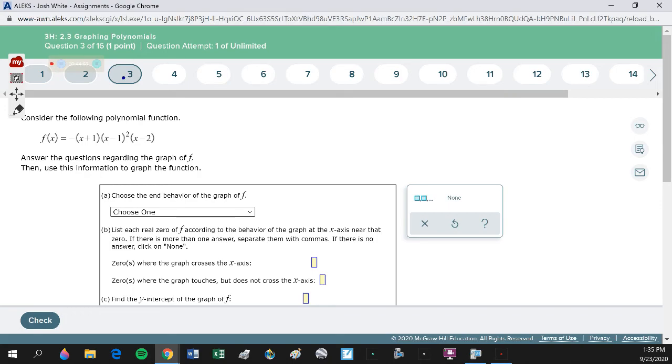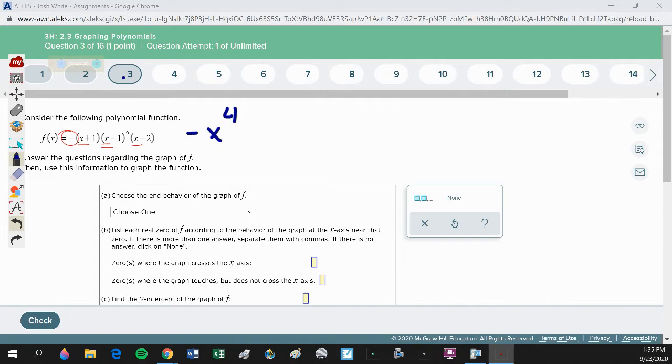So, this one says, consider the following polynomial. Answer the questions regarding this graph. So, we have a negative out front. I have 1, 2, 3, 4 x's. So this is a negative x to the 4th, which means it looks like this and it looks like this.